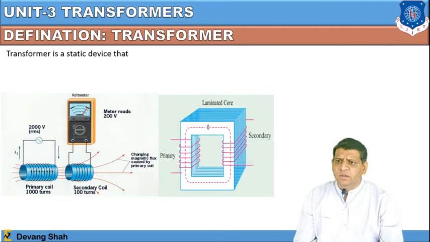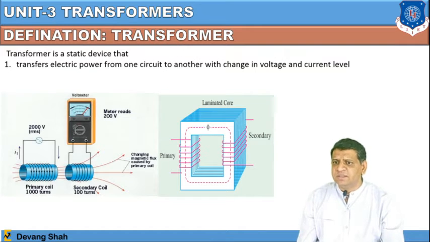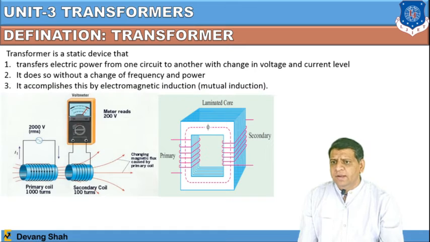So basically the transformer is a static device. It is not a movable device, but a static device that transfers electric power from one circuit to another circuit with a change in voltage or current level, right? It does so without change of frequency and power, and it accomplishes this by electromagnetic induction, which is called mutual inductance.